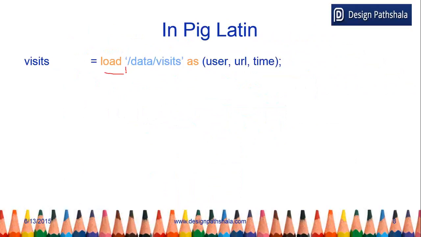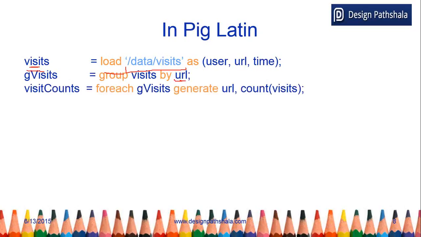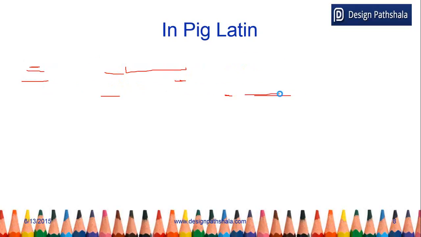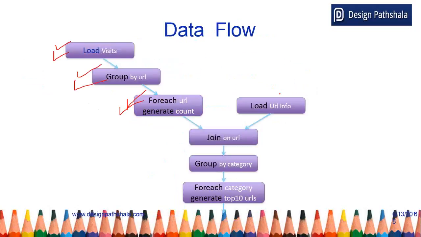Load, that is a file. I have loaded the visits file and assigned it to a variable called visits. I have grouped this variable visits based on URL. I have generated the count of each URL in this visits file. So for each visits, generate URL and the count of each visits. These were the three lines in my data flow diagram.